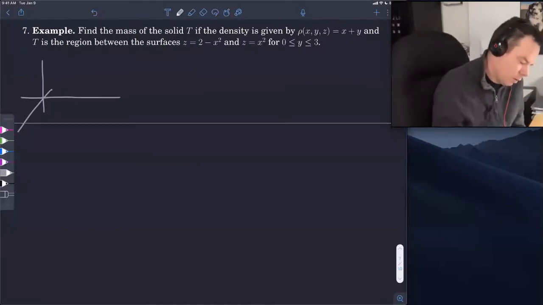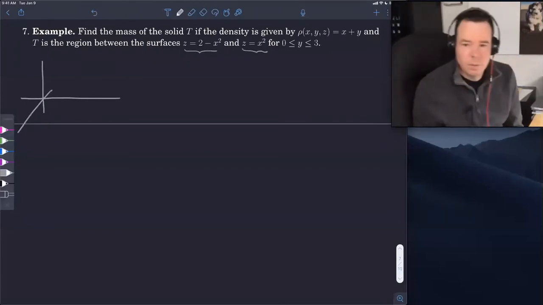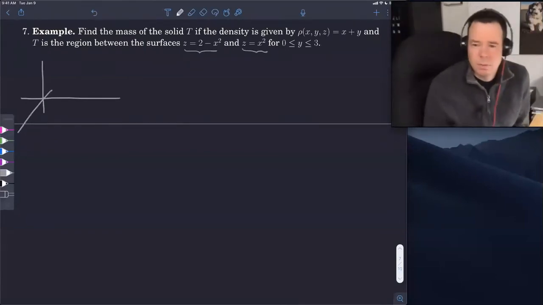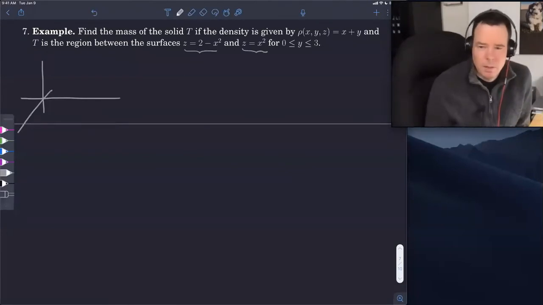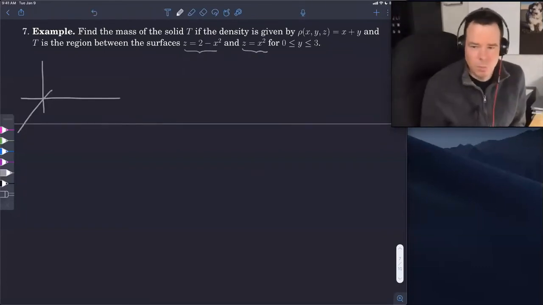So what is this going to look like? Well, again, these are both shapes we can recognize. You notice that there's a y variable missing. So these are going to be cylinders in the y direction. We just need to plot them in the xz plane first, and then just translate them in the y direction.